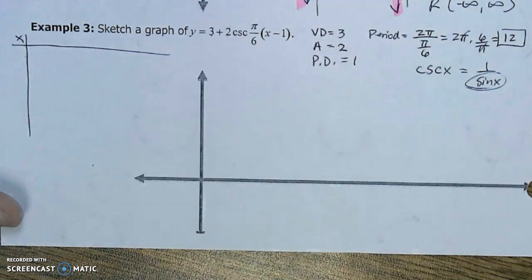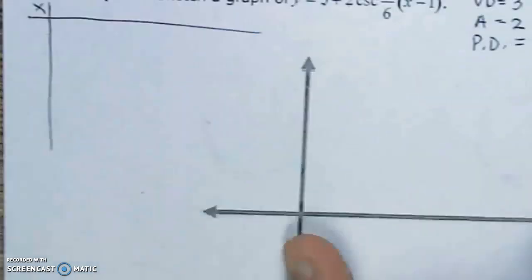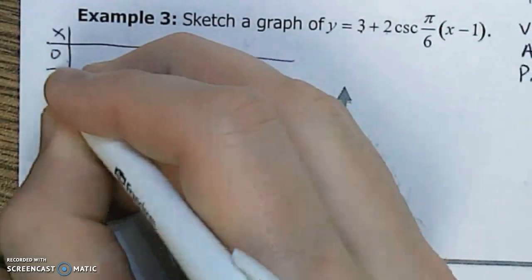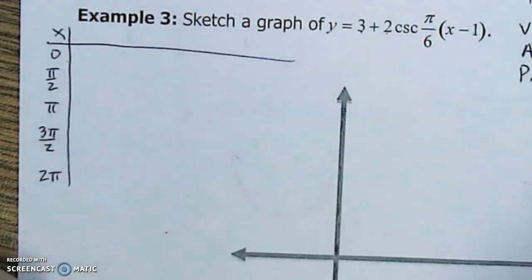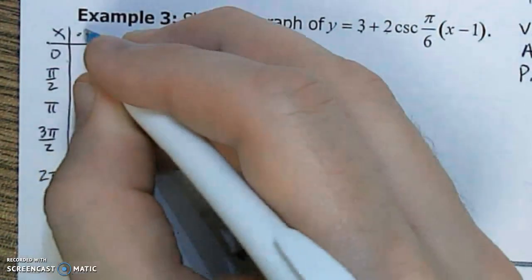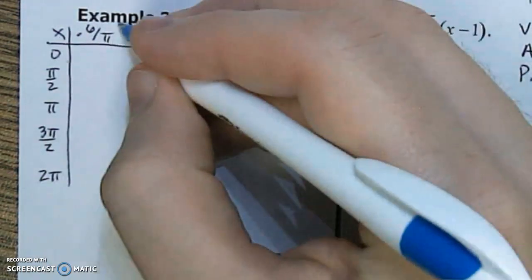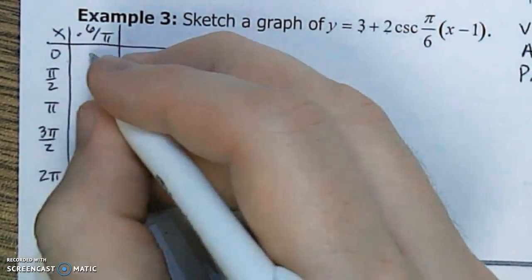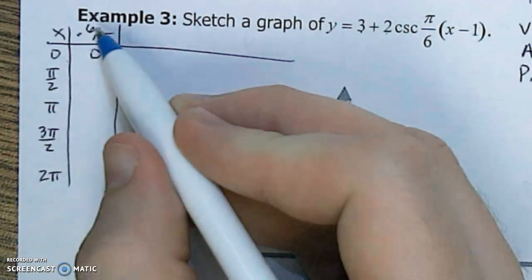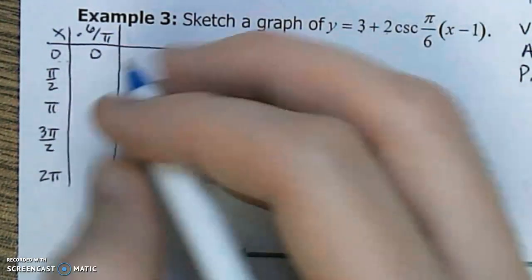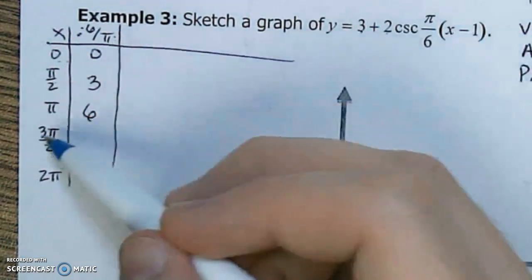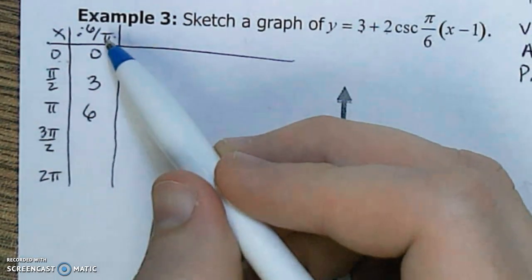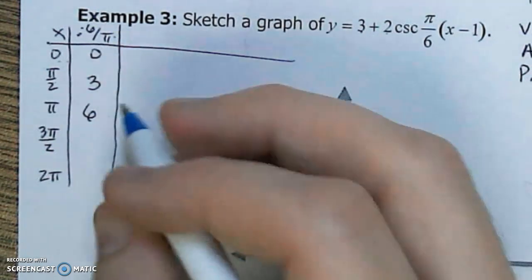We start with our x values, which are 0, pi over 2, pi, 3 pi over 2, 2 pi. Then we take the pi over 6 and we divide by it. So we're going to multiply by the reciprocal, 6 over pi. So 0 times that is 0. Pi over 2 times that is going to be 6 pi over 2 pi, which makes 3. 6 over pi times pi is 6. 3 pi over 2 times 6 over pi is going to be 18 pi over 2 pi, which is 9.